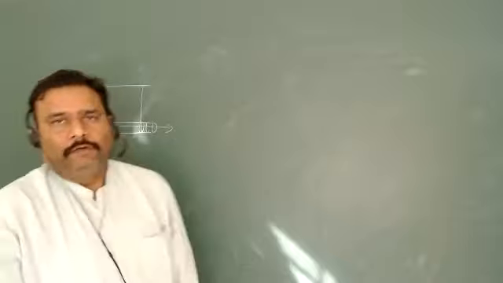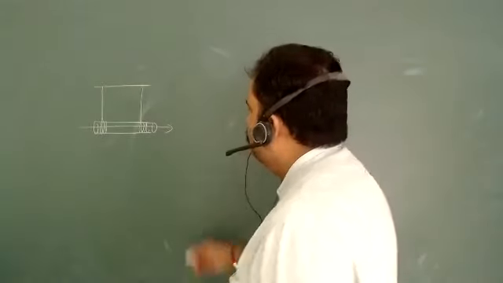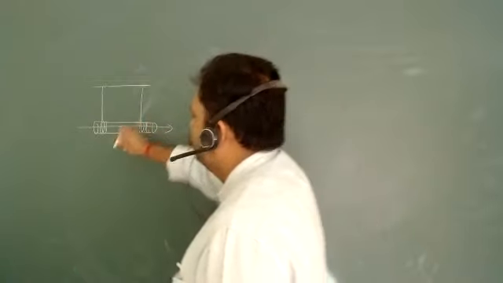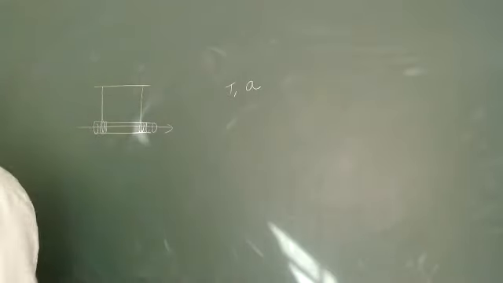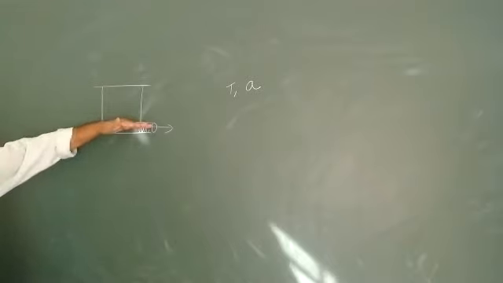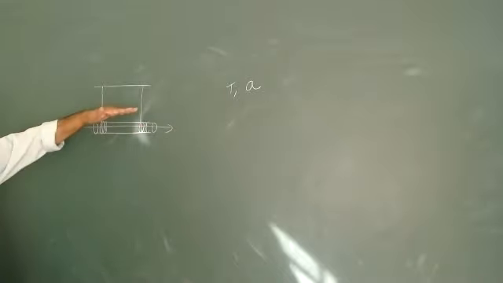Okay, it can go downward. So what you have to do, you have to calculate the tension and acceleration of this particular cylinder. So the initial condition is that it will start from the horizontal and it will always remain horizontal.